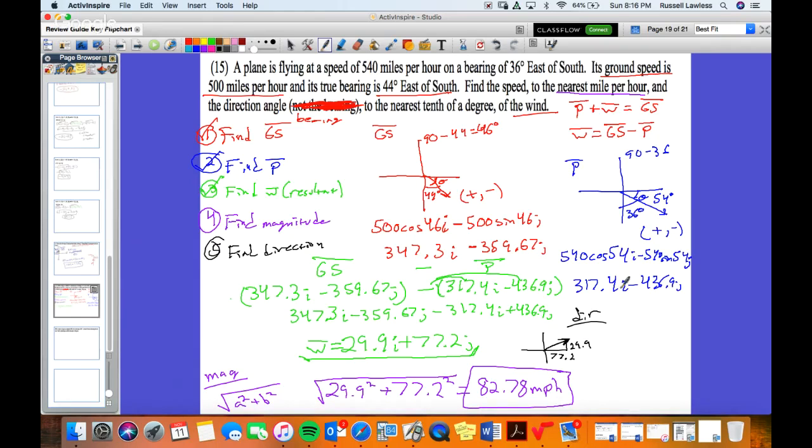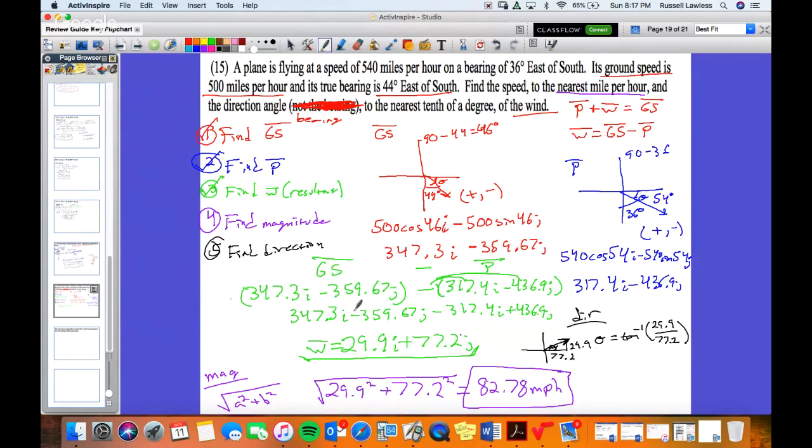Essentially what I'm trying to do is find that angle, and to find that angle, I can use my tangent inverse. So tangent inverse of 29.9 over 77.2 will give me my direction. And again, I want it in a bearing format. That's 21.1 degrees.